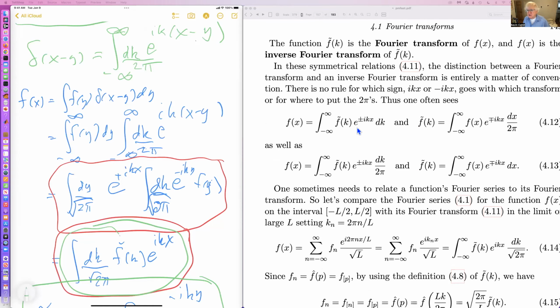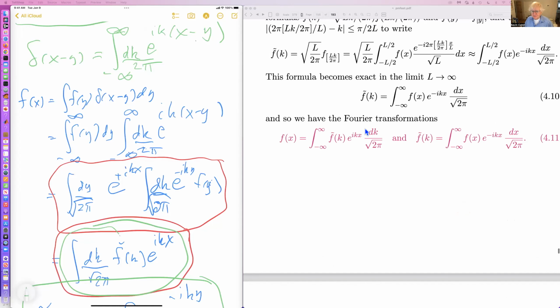Now, just as in the case of Fourier series, you have a plus sign here and a minus sign there. Well, that's not important. This could be a minus sign, and that could be a plus sign. And you've got a root 2 pi here and a root 2 pi there. If Fourier transforms are new to you, just use these formulas in maroon and don't screw around with anything else.